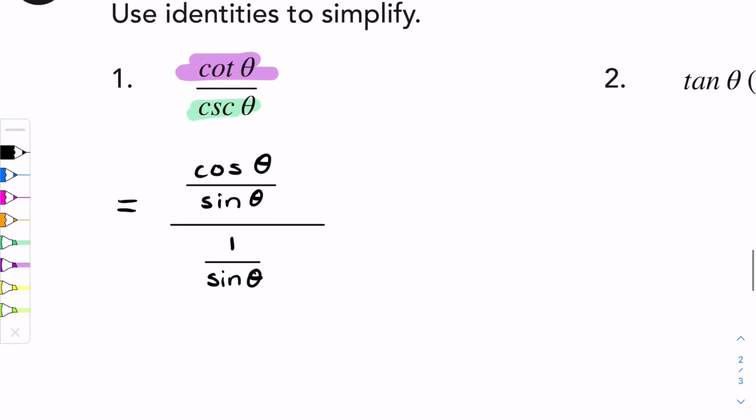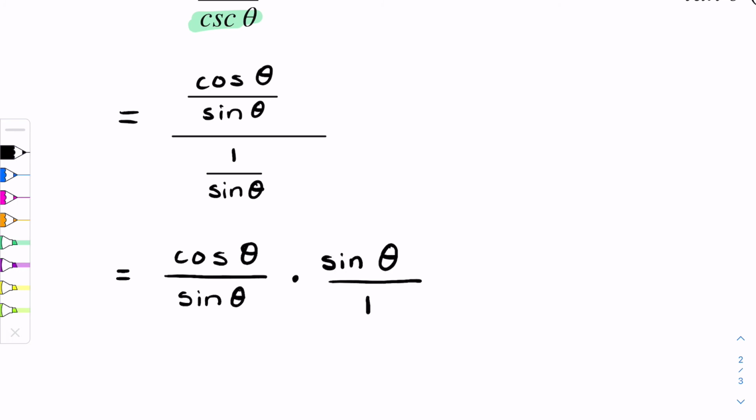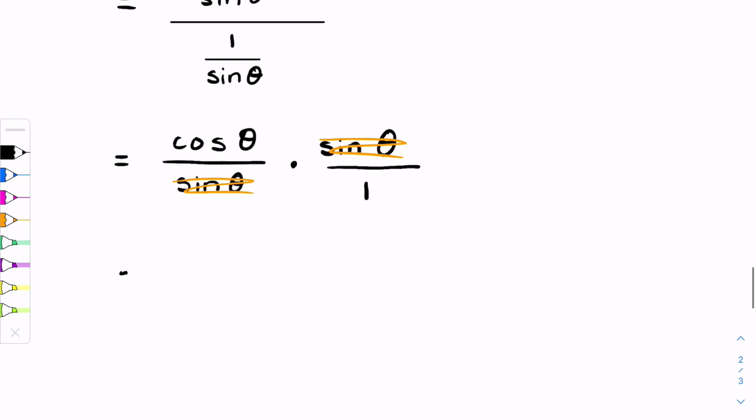And when you're dividing by a fraction, you can multiply by its reciprocal. So we end up with cosine of theta divided by sine of theta multiplied by sine of theta divided by 1. And you can eliminate your sine of theta value, leaving you with your single solution of cosine theta.